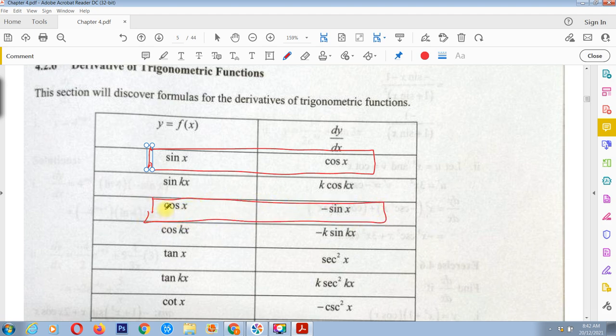Cos, we differentiate cos, we get negative sine. Okay, you remember this. Because if you just remember one, you just notice that another one will be the opposite. Just contra. Okay, so differentiate cos x, you get negative sine x.